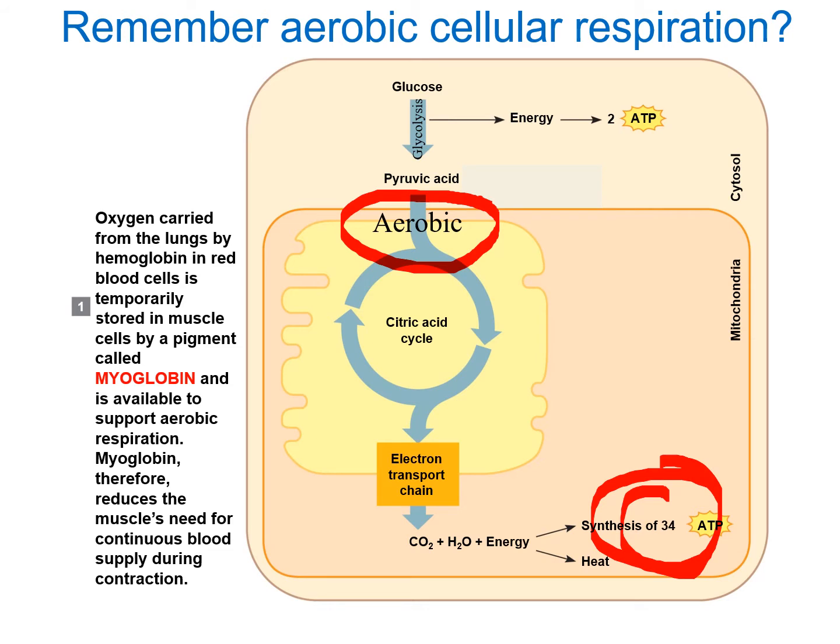And so in the case of muscle tissue, we have this interesting pigment that's actually stored in skeletal muscle called myoglobin. And as it indicates here, it helps provide oxygen to maintain that aerobic state. And that's why often muscle looks dark red due to the presence of this pigment myoglobin.